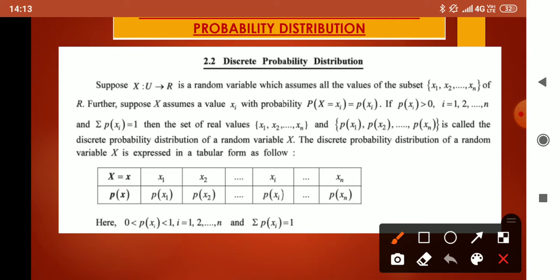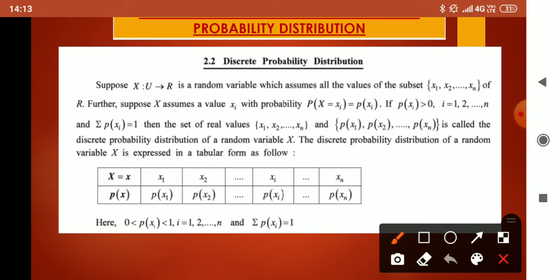And here the p of x is mentioned. So for x1 we have p(x1), for x2 we have p(x2), till xn we have p(xn). That is known as the discrete probability distribution of random variable x.